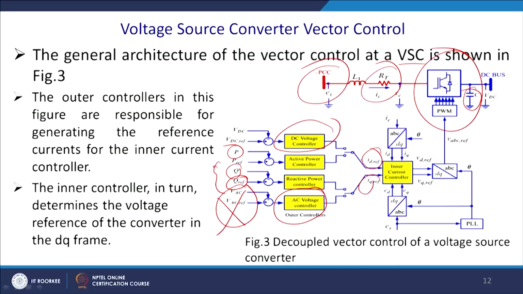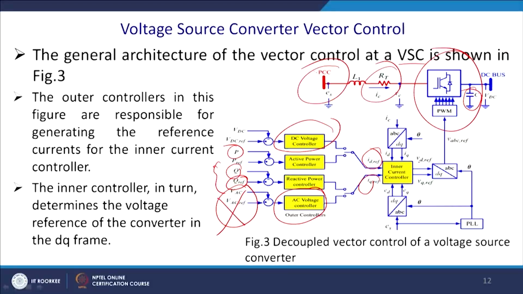Similarly, maintaining the DC bus voltage is your first task, and only then will you go for controlling the current, and it may be time shared, time division multiplexing. So this switch will sometimes maintain the DC bus voltage, and sometimes help you restore the reactive power, and in the same way this is also possible.